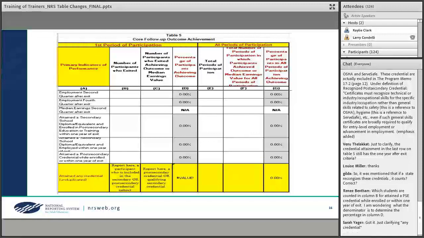So we've added this new row so that the title-specific NRS Table 5 correlates, with a number that will directly match the one in the statewide performance template, and we will probably be able to auto-populate the statewide performance template from Table 5, just as we are doing right now with Table 4. So that's a little background information on why we felt this row had to be added.